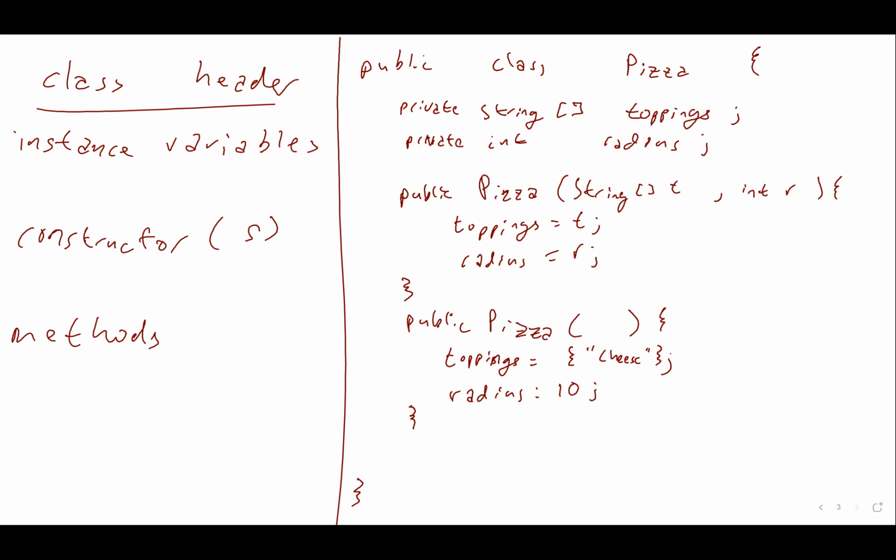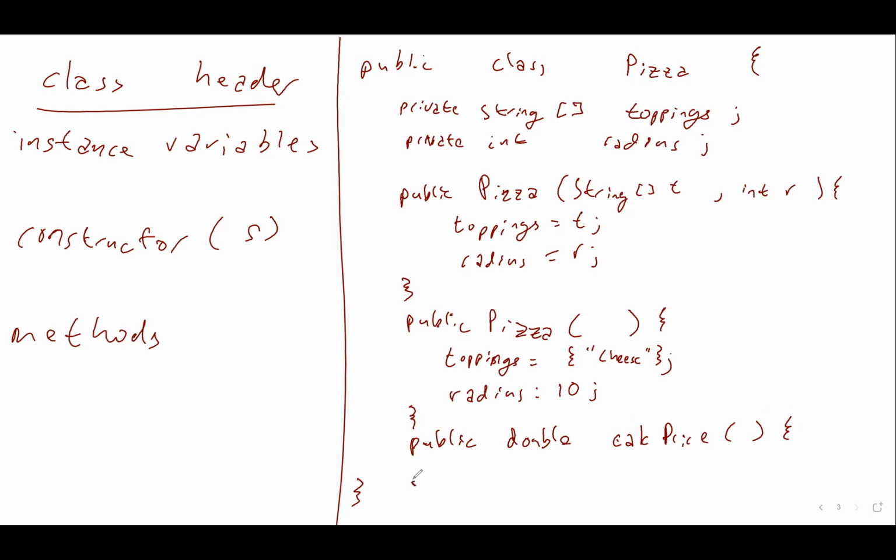All right, and then let's say we want to calculate the price. How might we calculate the price of a pizza? This is going to be a method. So methods should always be public. What kind of value are we going to return out of this method? Double, sure. Double, and then let's say calcPrice.